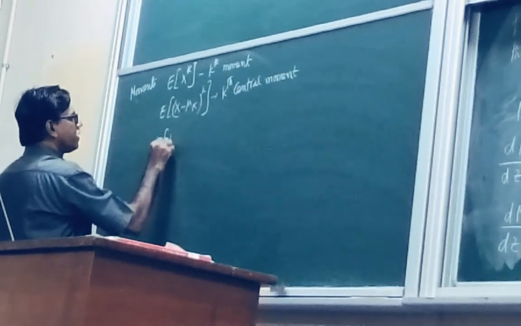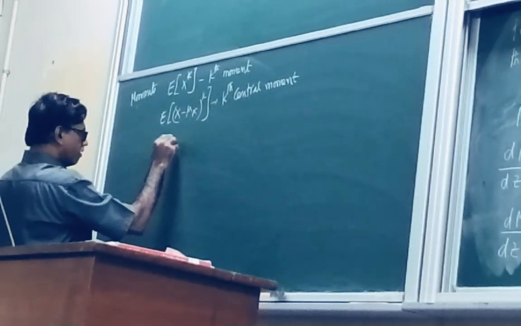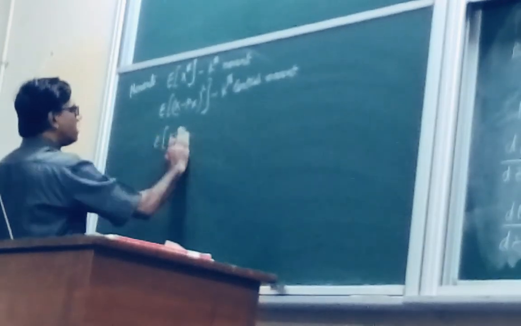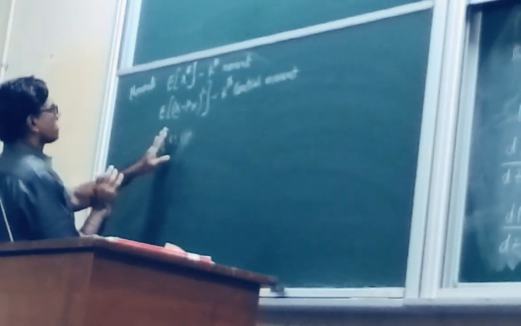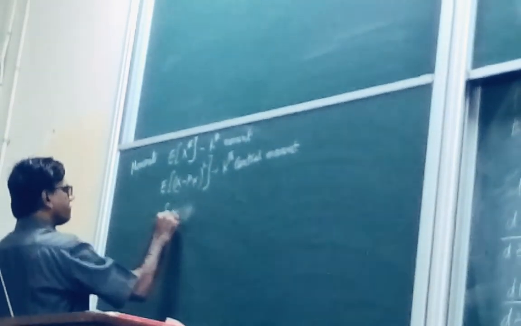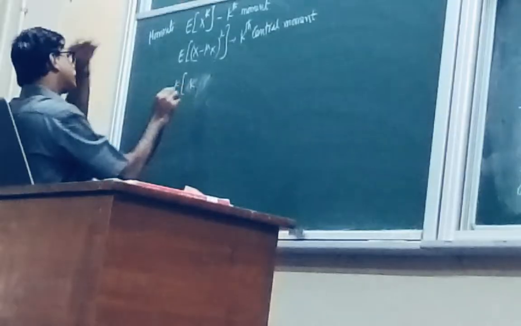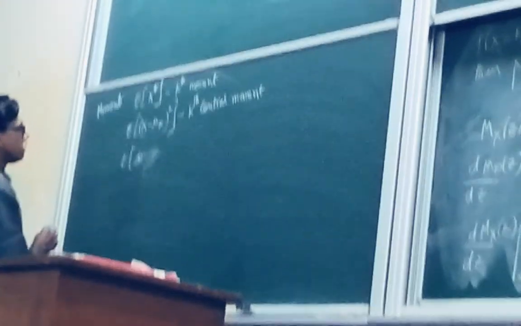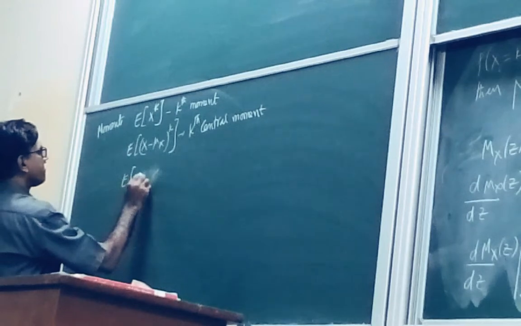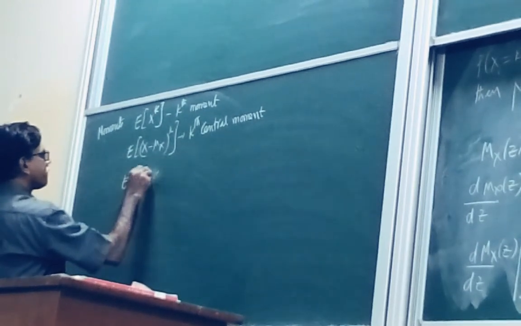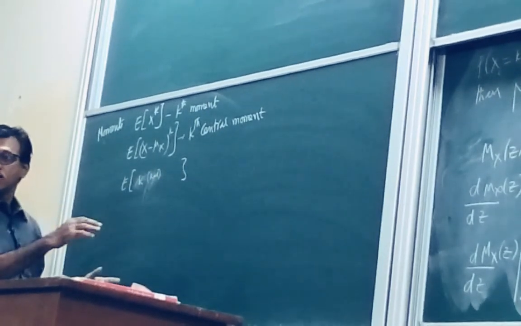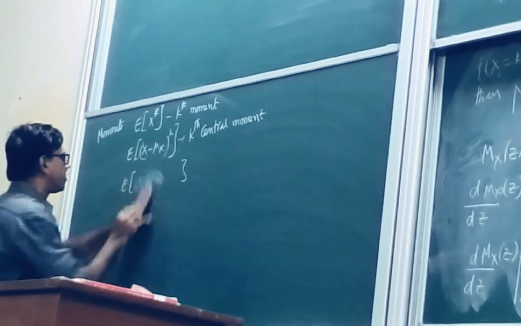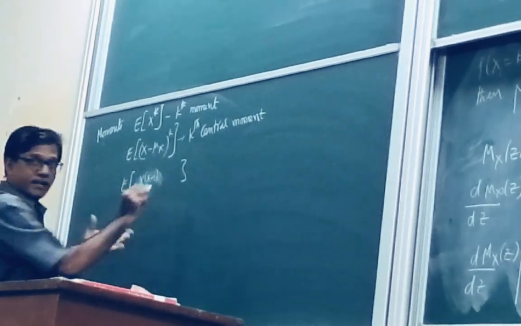It is not x power k. For that we have to take x into x minus 1, and so on, k times, that is the kth factorial.